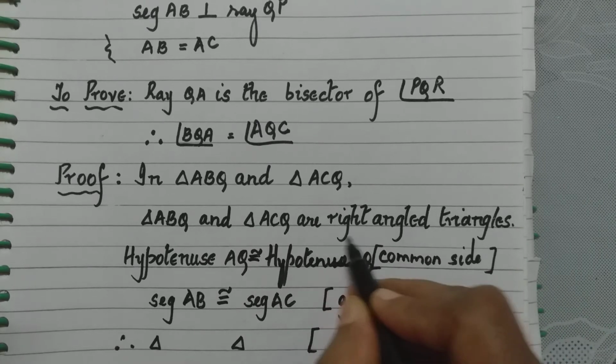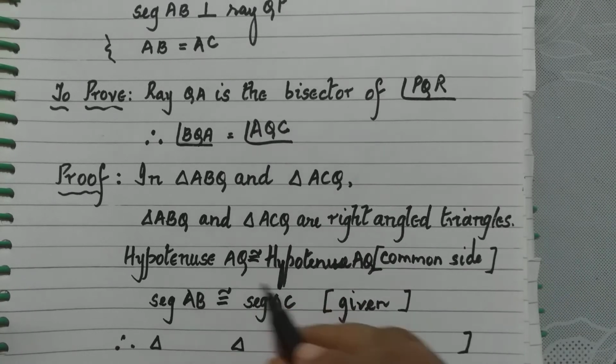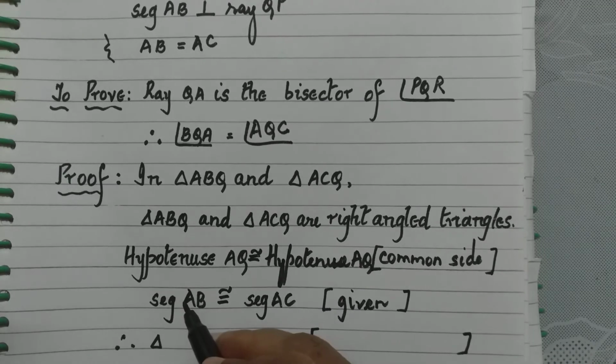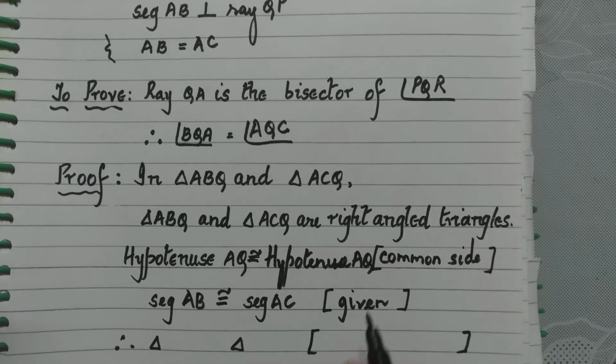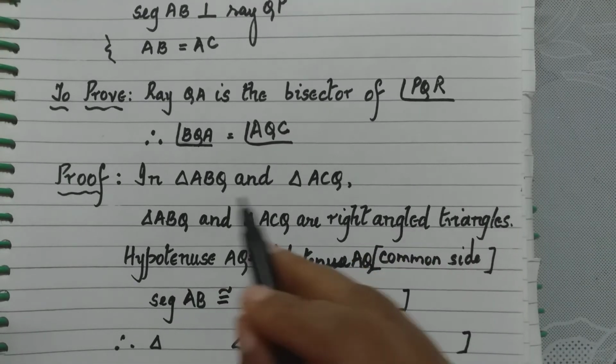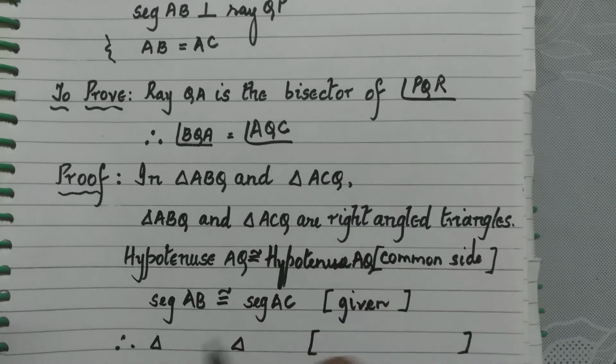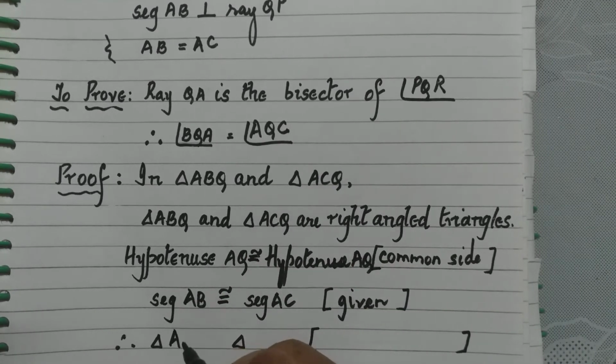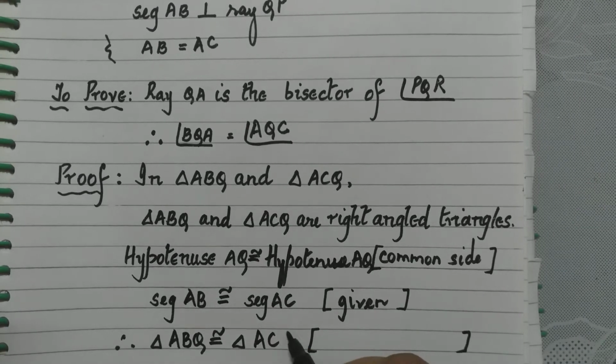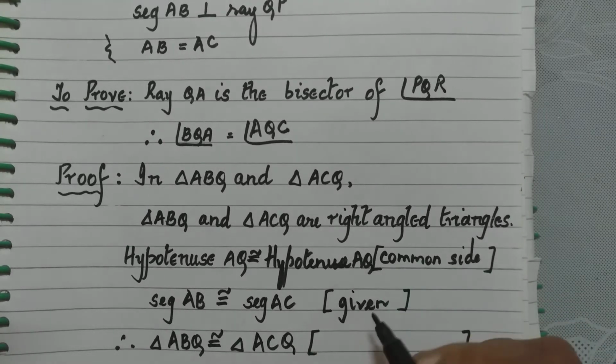So if it is a right angle triangle, the hypotenuse is congruent and one pair of sides are congruent, then I can say that these two triangles are congruent. That is, triangle ABQ is congruent to triangle ACQ by which test?